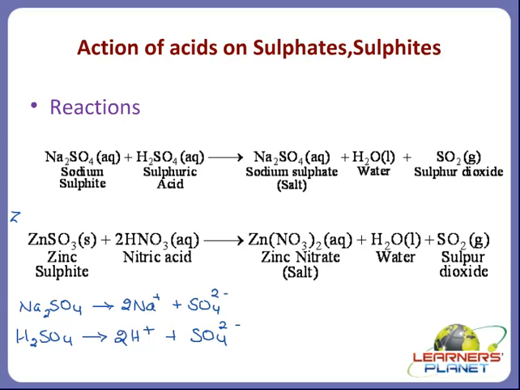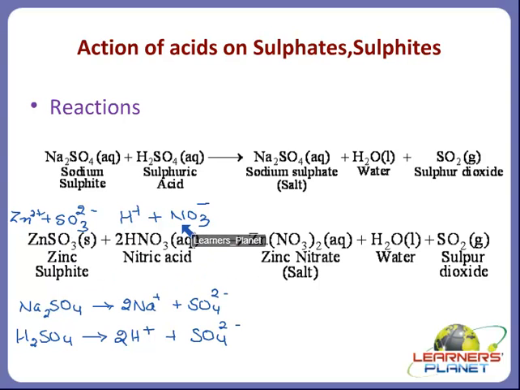It is giving you Zn2 plus and SO3 2 minus ions, right students? And your HNO3 is giving you what type of ions? H plus and NO3 minus ions, okay?